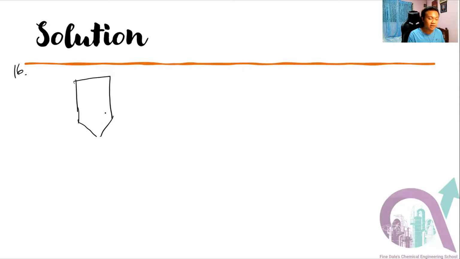draw everything. We have F here, 200. Then we have 100. And then you have a condenser.